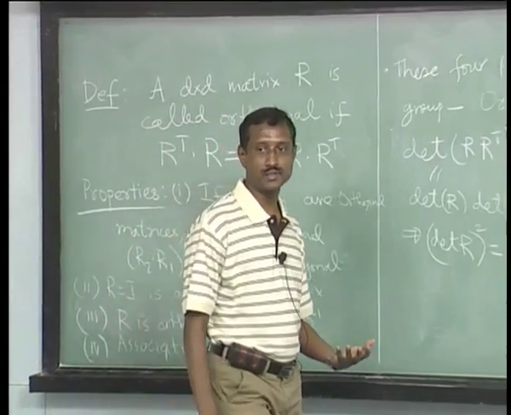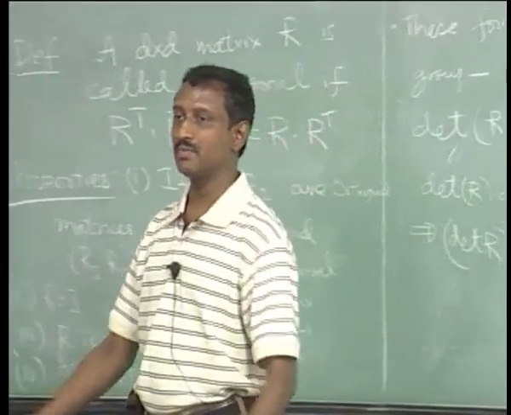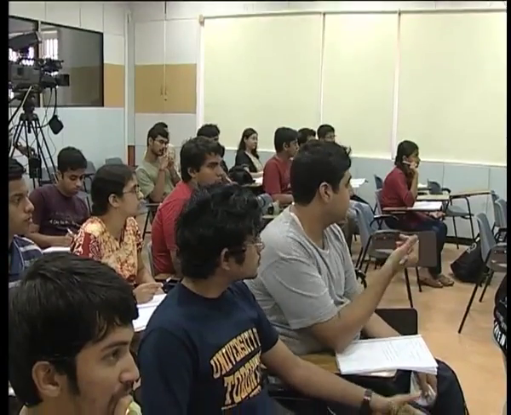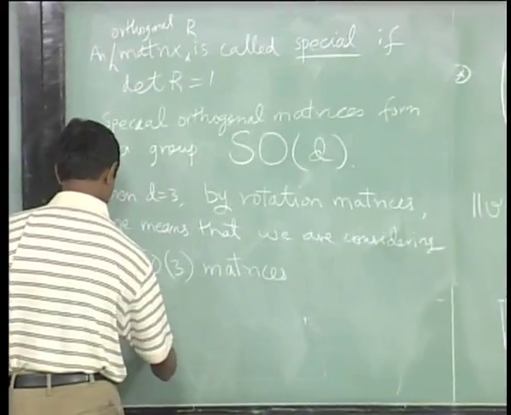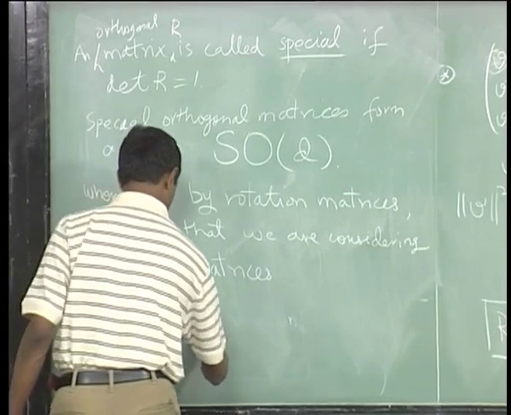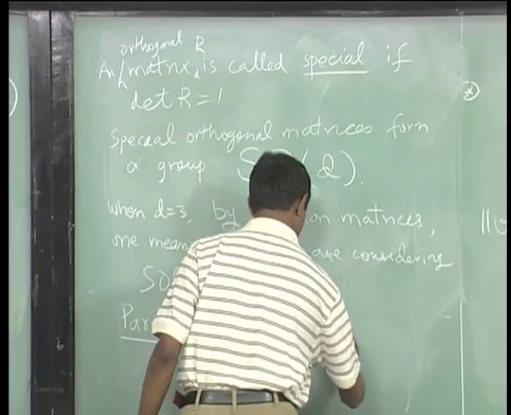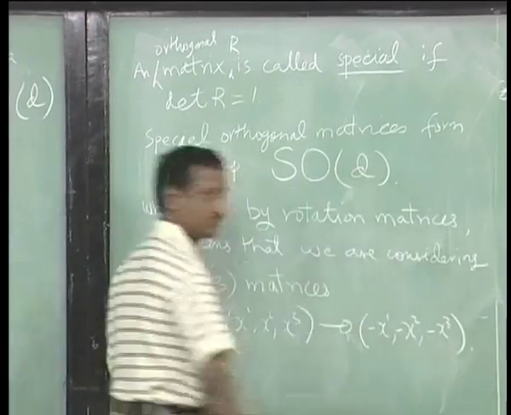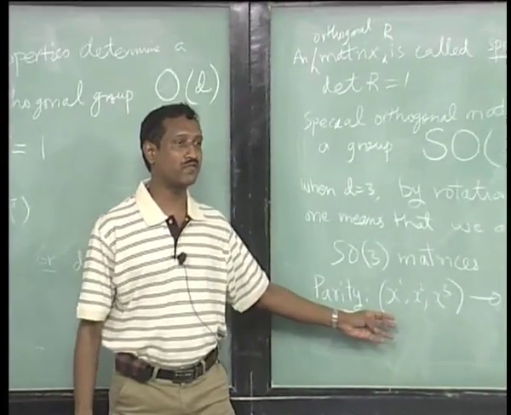Can you give me some examples, anybody from here, of some simple transformation that you know? Parity. So, x goes to minus x, okay, but this is true only in odd number of dimensions.